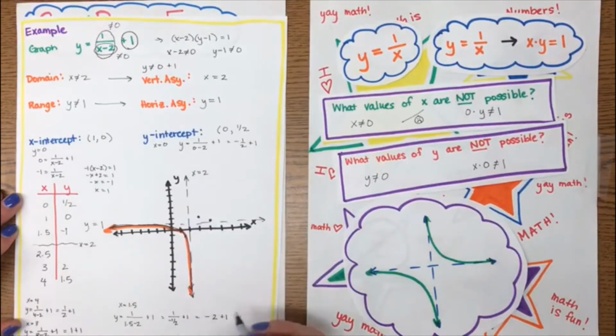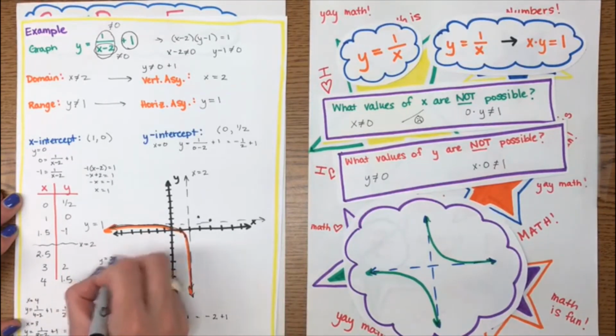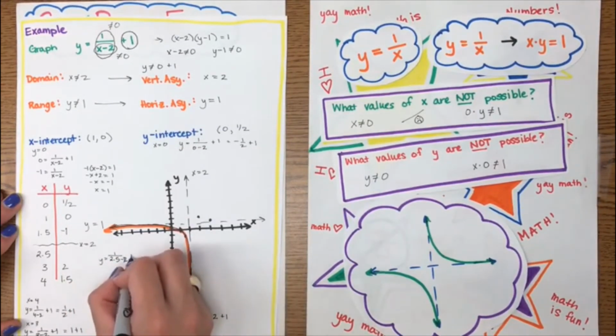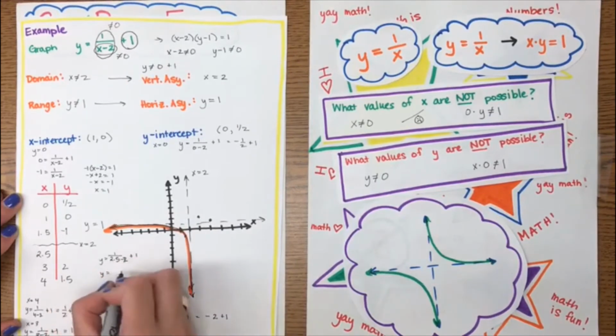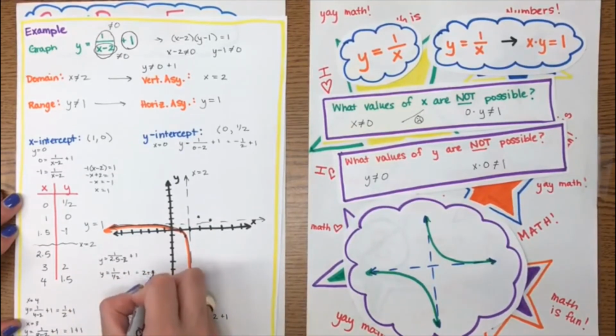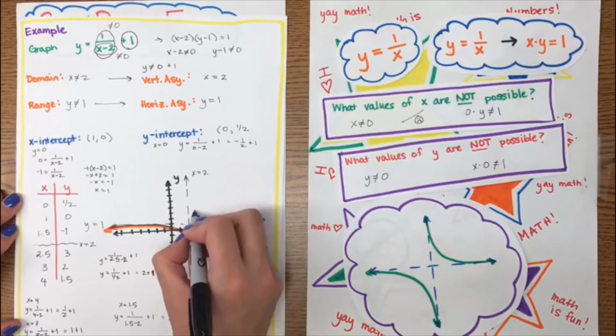And if I plug in x is equal to 2.5, y is equal to 1 over 2.5 minus 2 plus 1. This is y is equal to 1 over 1/2 plus 1, or 2 plus 1, which is 3. So I have 2.5, 3.